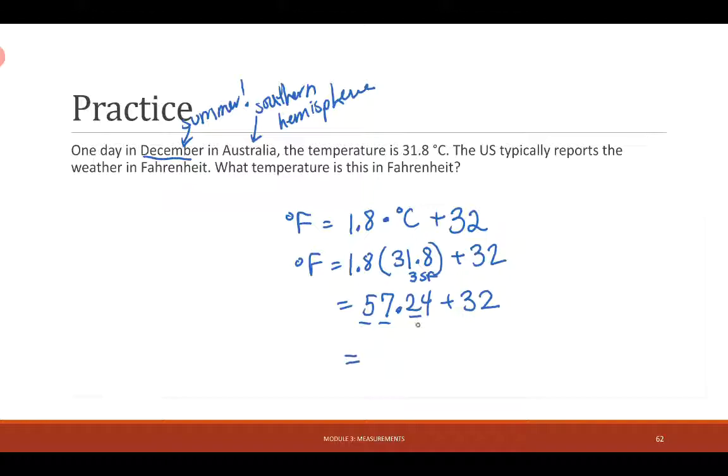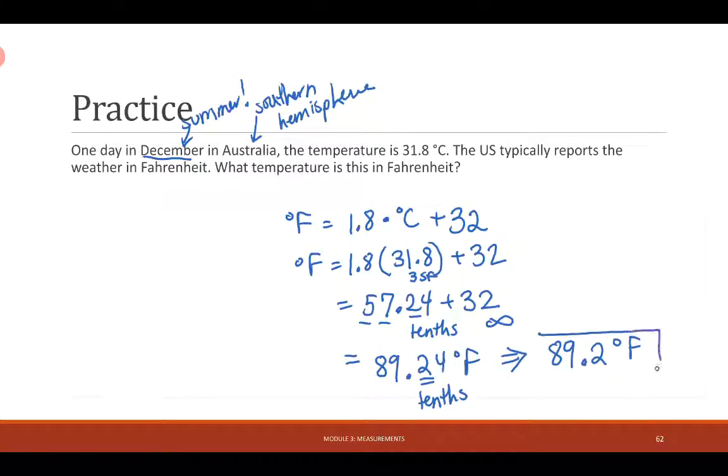This 2, the third sig fig, ended up in the tenths place, and 32 has infinite sig figs. And so once I add the 32 to that, I end up with 89.24, and this has to be rounded to the tenths place. And so I will report my answer as 89.2 degrees Fahrenheit. I'll round down because 4 is less than 5. This is warm, and so it matches our prediction of it being summer.